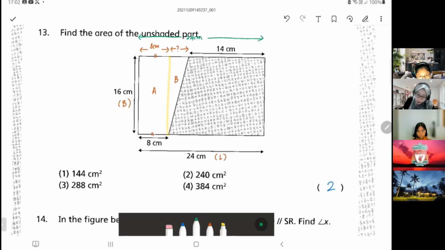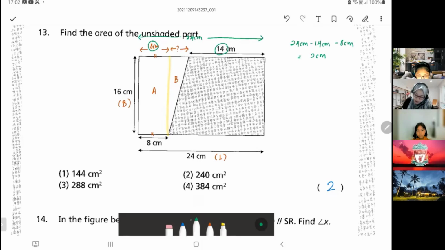Part of it is 14 cm and part of it is 8 cm. Can I find the unknown short portion there? I can. By taking my total 24 centimeters, take away 14 centimeters, take away 8 centimeters, I will be getting 2 cm.